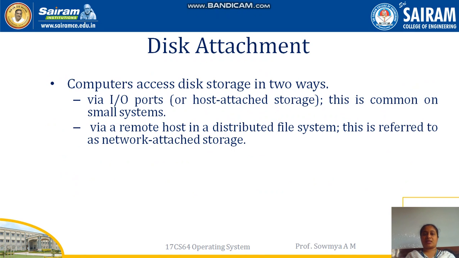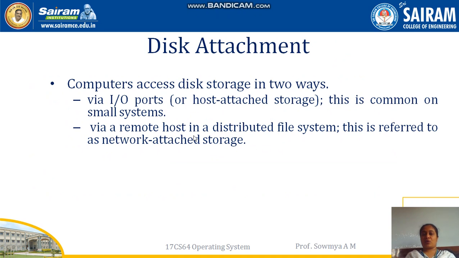Next one is disk attachment. Every computer may have disks attached to it, or it may share a disk which is common for many systems. So disk attachment is done in two ways based on where the disk is. If a computer has its own host attached disk, its own secondary storage system, then disk attachment is done with input output ports.